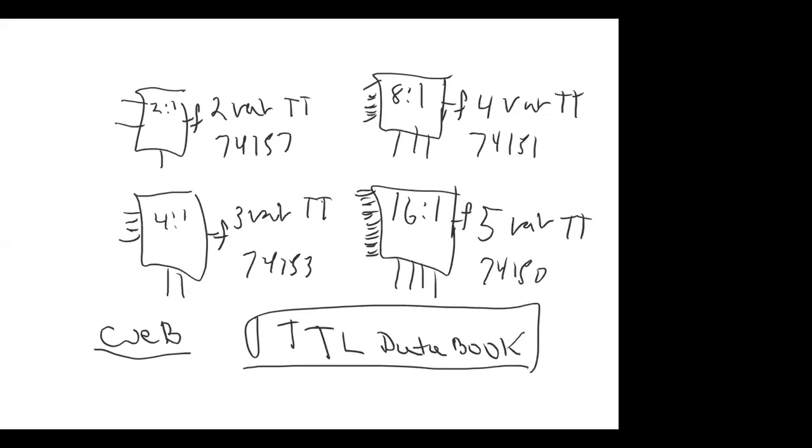And it's great reading. I mean, you could just sit there and read it all day, take it with you on vacation, read it on the beach. It's just great fun. And once you know the family, you can design the hardware without consulting the book. You can just sketch it out on the back of a napkin and come up with a design. And that makes it even more fun. And these are just the multiplexers, not the decoders.